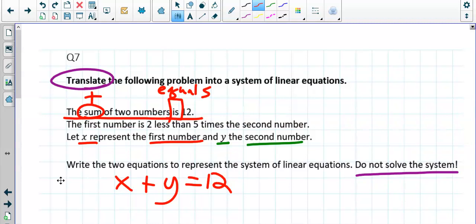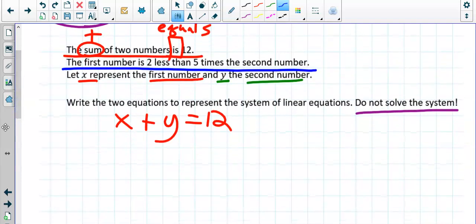The second sentence up here is the second equation. So it says the first number is 2 less than 5 times the second number. So let's start translating. Who's the first number?